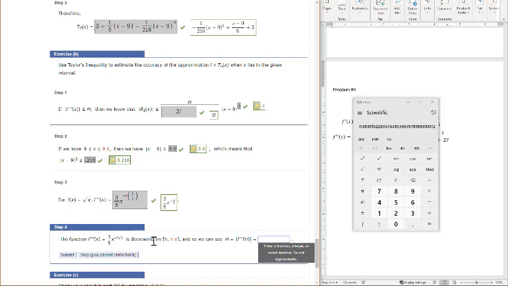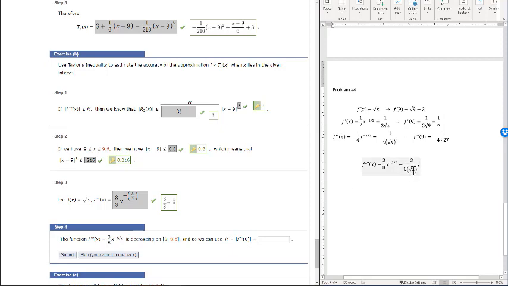All right, let's rethink this. We want to put a 9 in here. Let me copy this again. So let's put 9 in there.